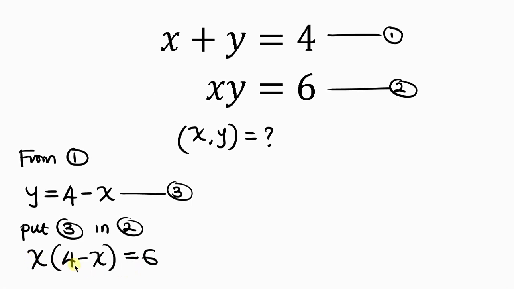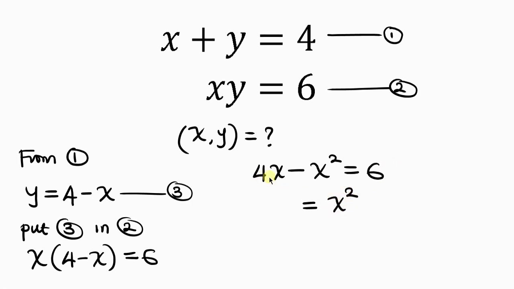So x times 4 is 4x minus x times x is x squared. And this is equal to 6. Now let's move everything on the left to the right hand side. When I move negative x squared to the right hand side, it becomes positive.